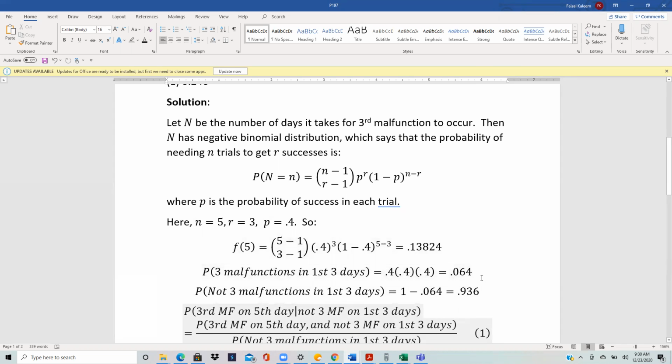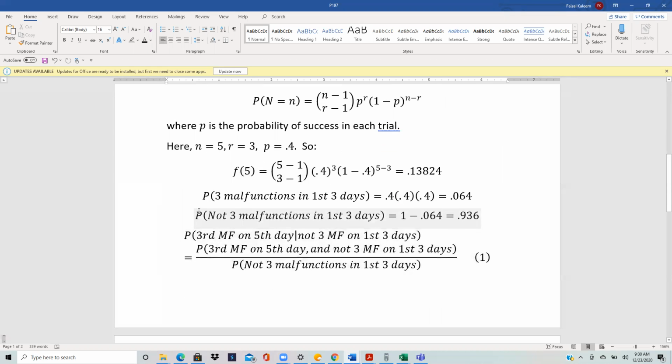So that's 0.064. And so not three malfunctions in the first 3 days will be the complement, 1 minus 0.064 equals 0.936. And we are asked the probability of the third malfunction on the fifth day, given that not three malfunctions have happened in the first 3 days.